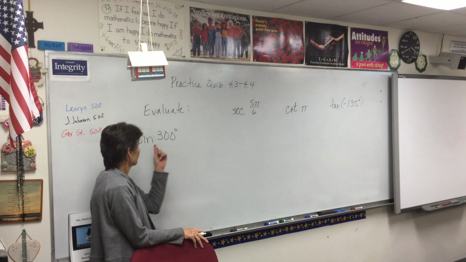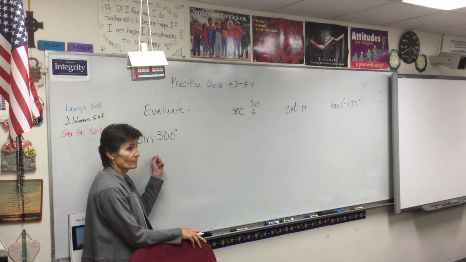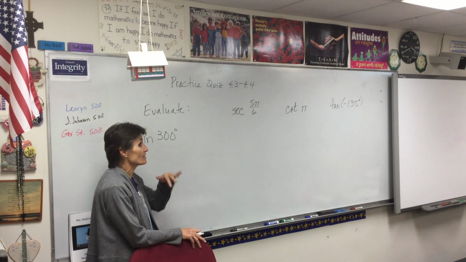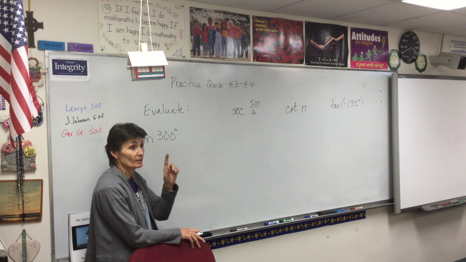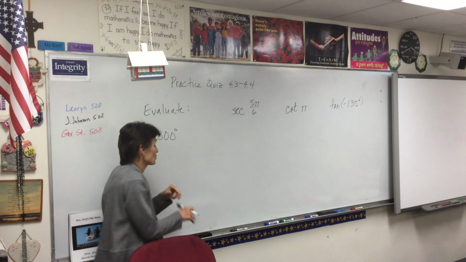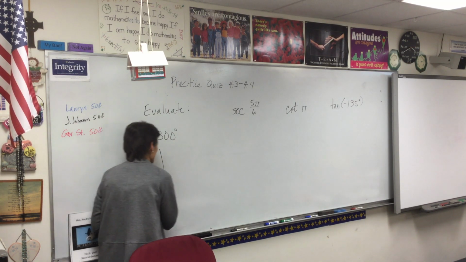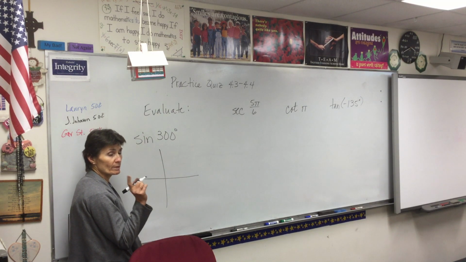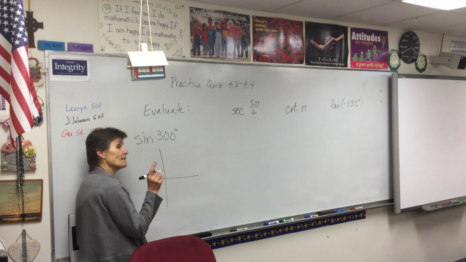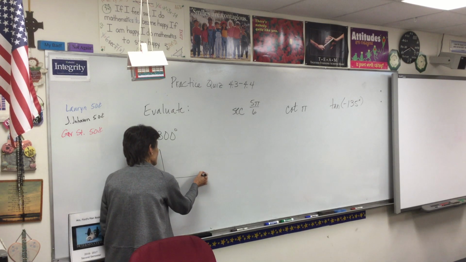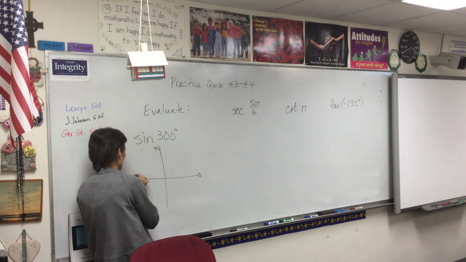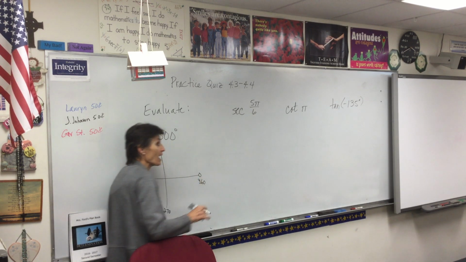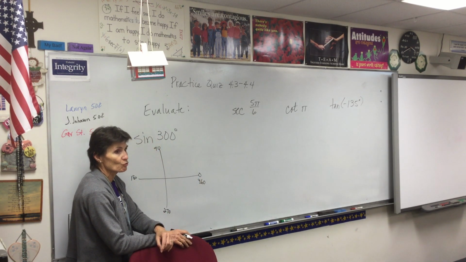What do I do first here? No, this is a no calculator problem. I'm sorry. I'm doing this without a calculator. So what do I do? Draw a picture. That's exactly right. So when I draw a picture, I have to know where to put 300. So I need to remember that 0, 90, 180, 270, 360 is how I label angles in trigonometry.